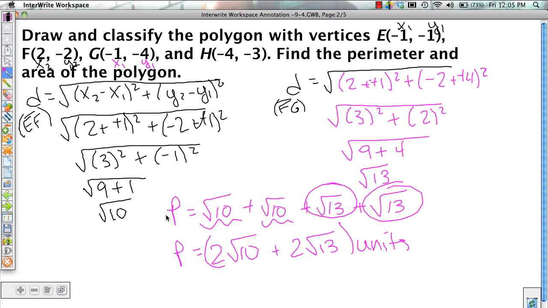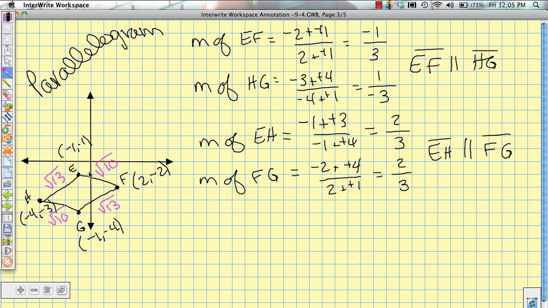So now let's think about the area. Well, if we go back to our picture, hopefully you see that if I were to separate this into 2 triangles, I know that the base of each triangle is 3. This blue line here is not the height of the parallelogram.